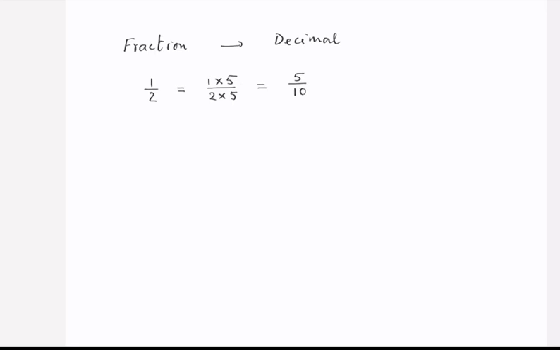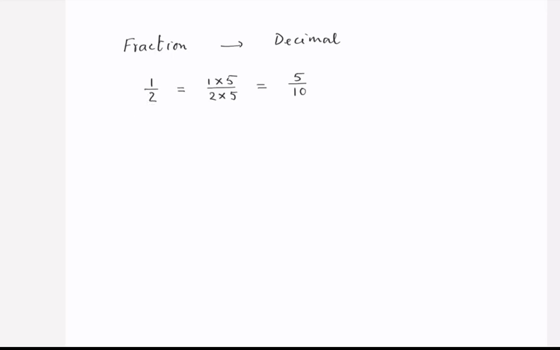Okay, why have I done 1 by 2? Why have we tried to view the fraction 1 by 2 as the fraction 5 by 10? Because in the fraction 1 by 2, the bottom 2, the denominator 2, means the whole unit is divided into 2 equal parts.